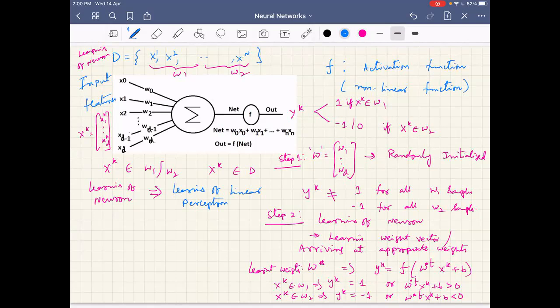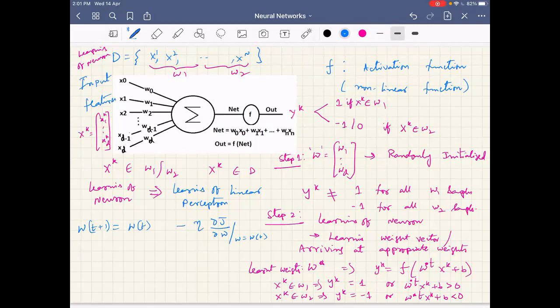So now, if I rewrite this linear perceptron learning, we update W from the random initialization in each iteration. How do we update? By making use of a predefined error and the gradient of error with respect to the current W. And this is referred to as the gradient descent rule.